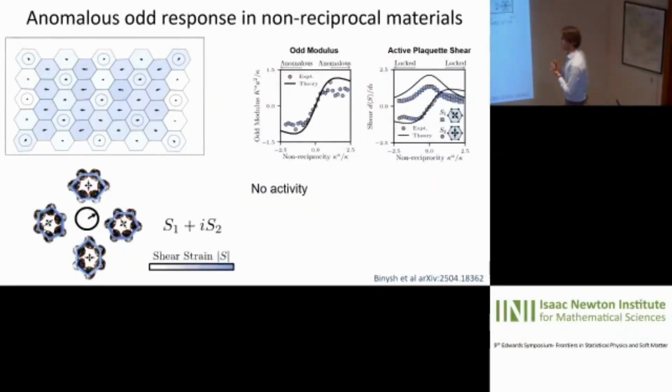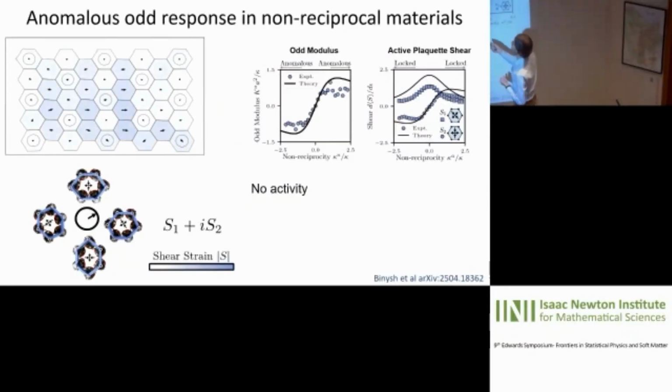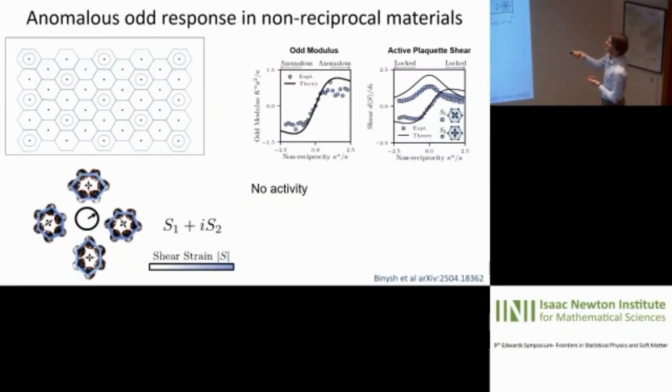And so you can do this experimentally. I'll tell you in a little bit what exactly these theory curves correspond to, and the two seem to agree fairly well with each other. So, for example, when you have no activity here, it means that you have no non-reciprocity at the microscale, and this also means that you have no macroscopic odd modulus.